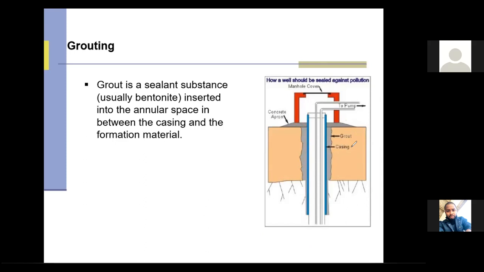In Canada, a few years ago, there were a number of wells in a farmer's field. Because there was fecal contamination in that field during a major rainstorm, that water got in here and contaminated the well.